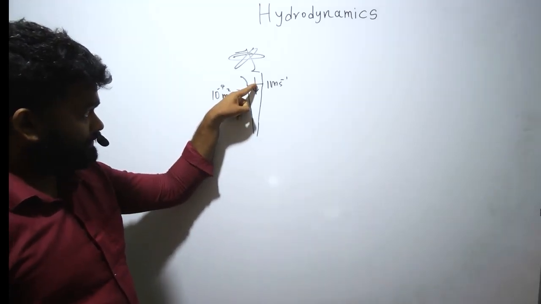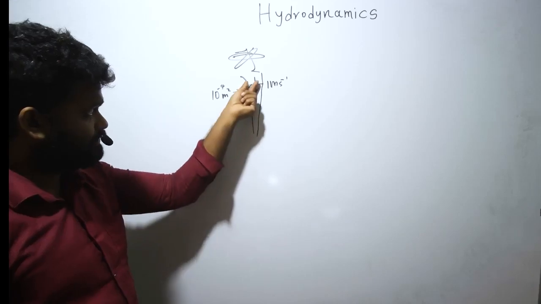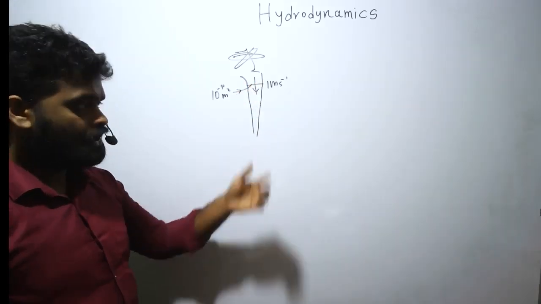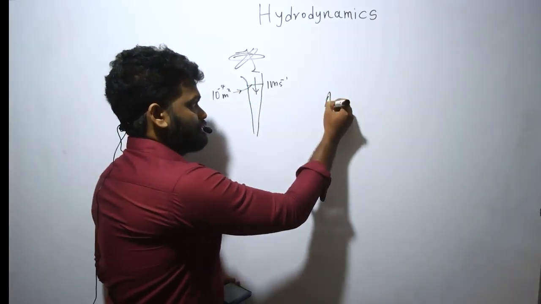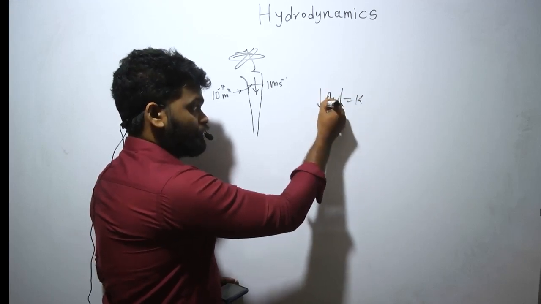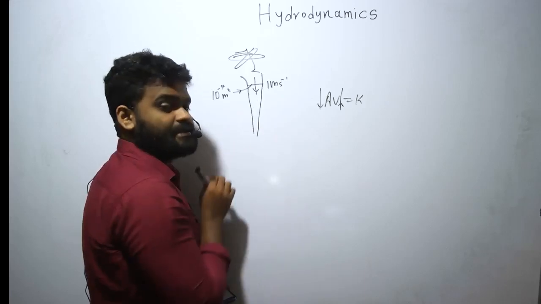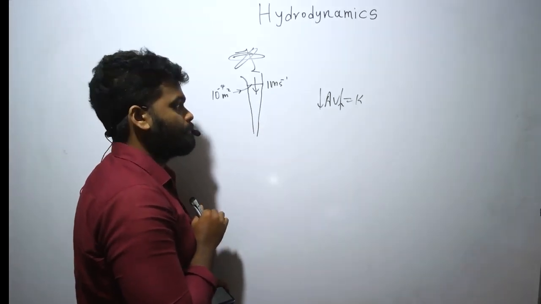You know that this water falls under gravity, so it accelerates, so the speed of water increases. So when the speed increases, what happens? We know that AV is a constant. When the speed increases, cross section of water decreases, right? That's why it gets narrower as it falls down.